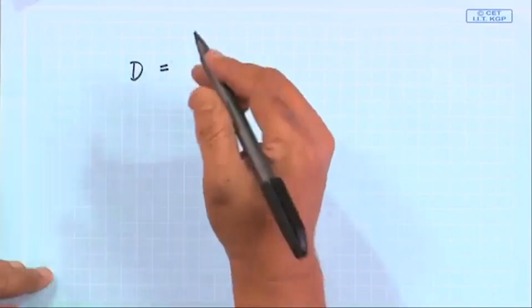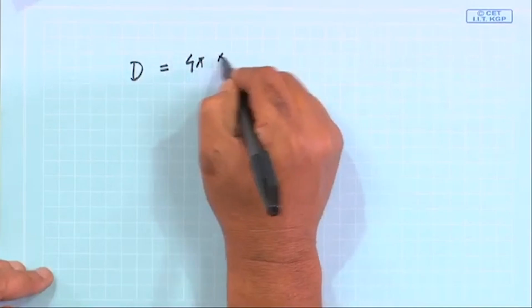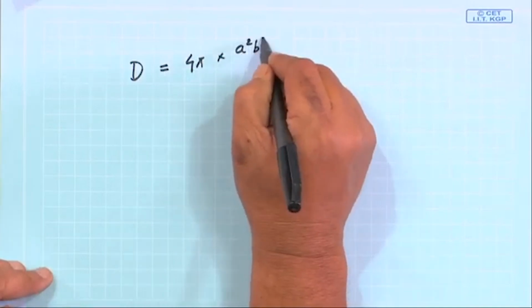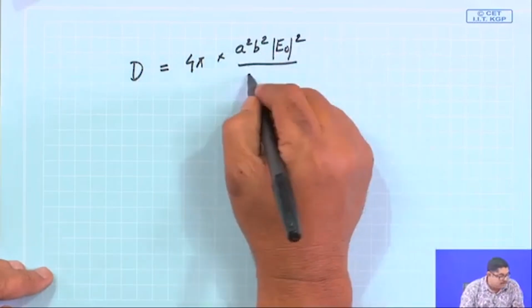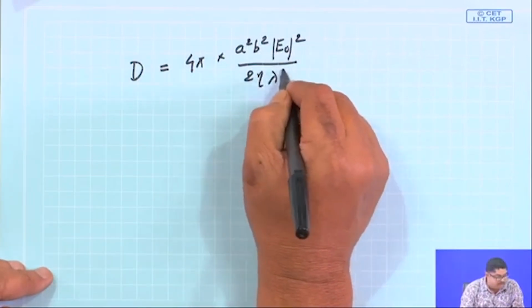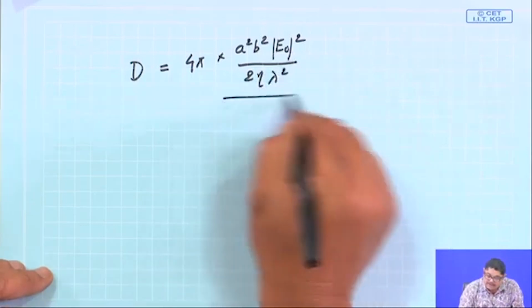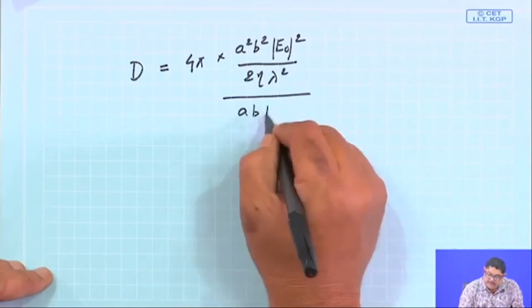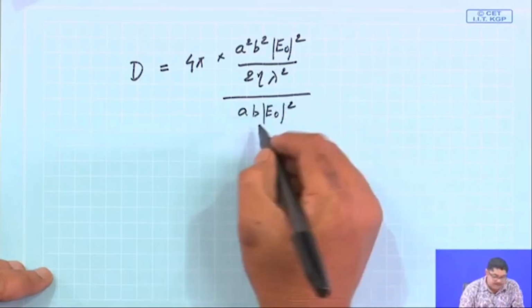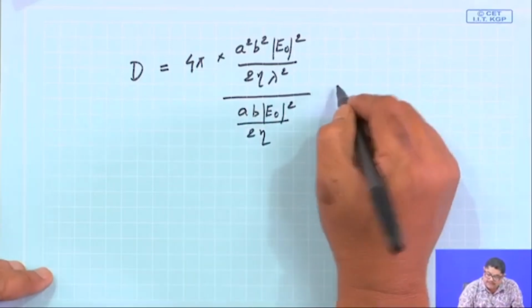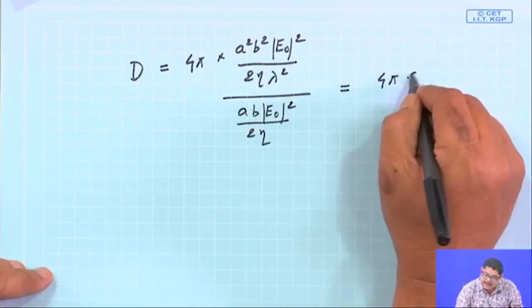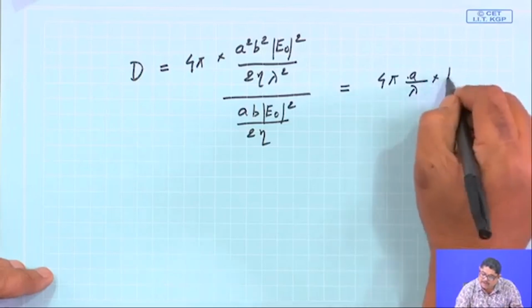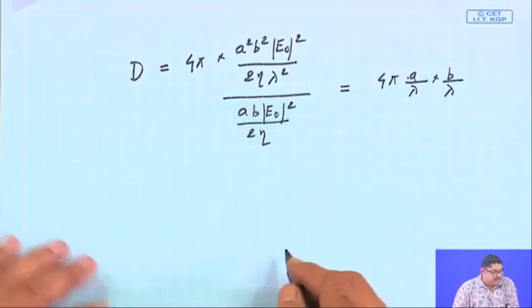So, now I can find directivity. D will be 4 pi into A square B square E 0 square by 2 eta lambda square divided by A B E naught square by 2 eta. So, that becomes 4 pi A by lambda into B by lambda.